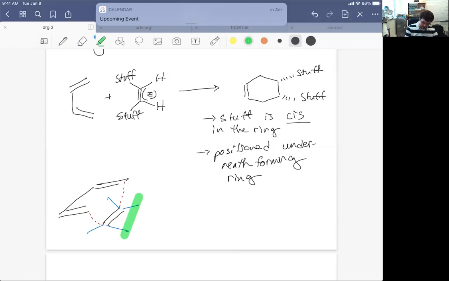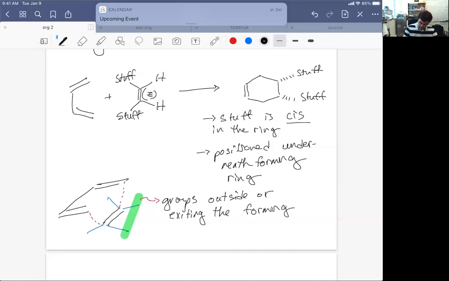We have this side that I'm going to highlight in green, and these are groups outside or exiting the forming ring. So these groups are pointing out and away from the forming ring.